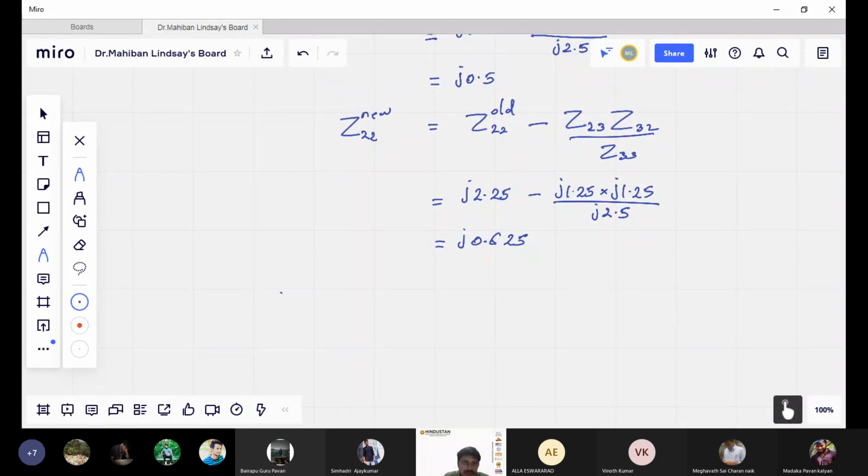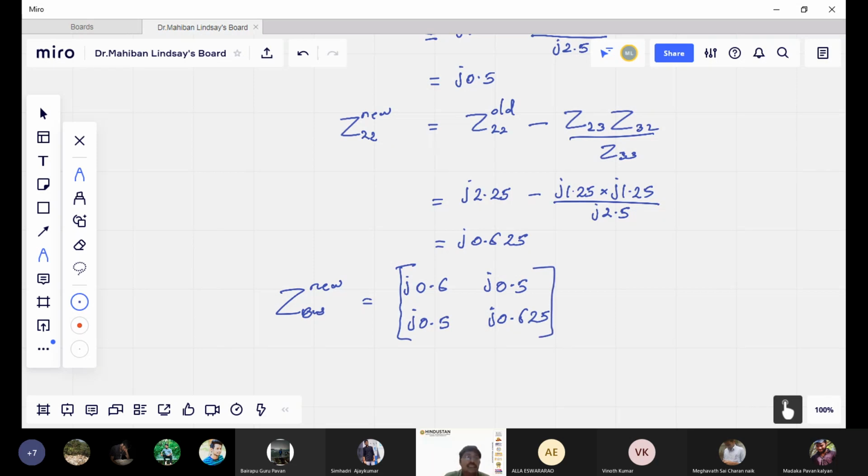Therefore, the new Z bus, because all the values are new, I can substitute: Z11 is j0.6, Z12 is j0.5, Z21 is j0.5, and Z22 value is j0.625.